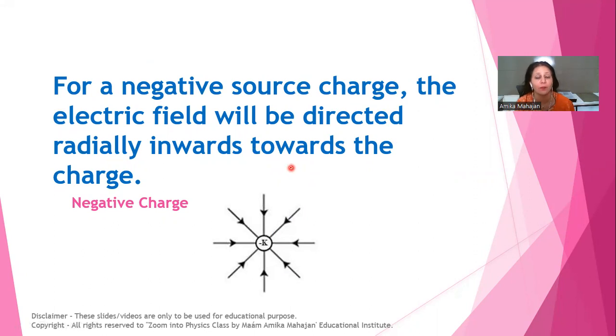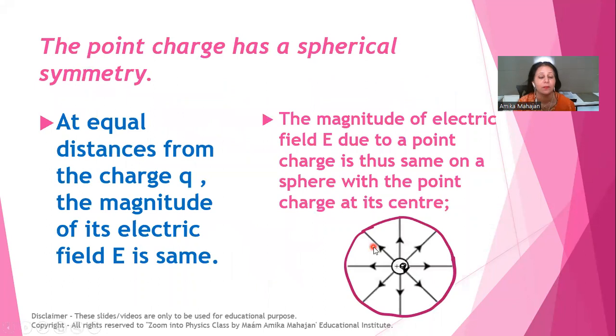Source charge is that whose field is to be determined at some point. And test charge is placed at that point where we want to find field due to source charge. And this test charge is vanishingly small. So for a negative source charge, electric field lines will be directed radially inwards towards the charge. So this is how electric field lines act.